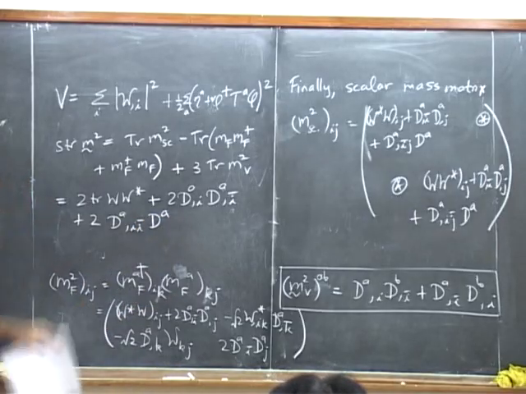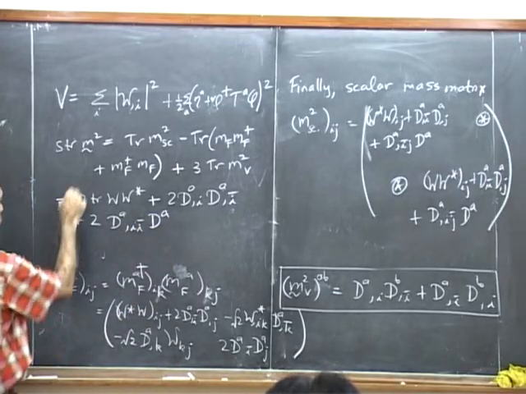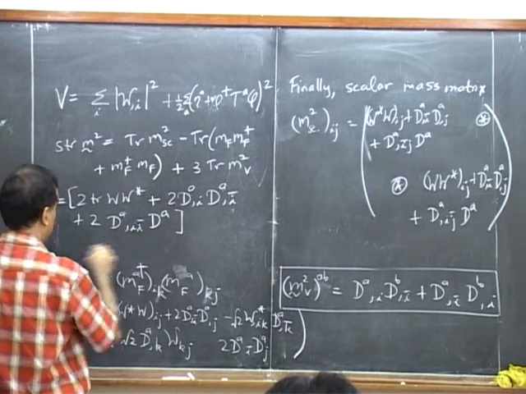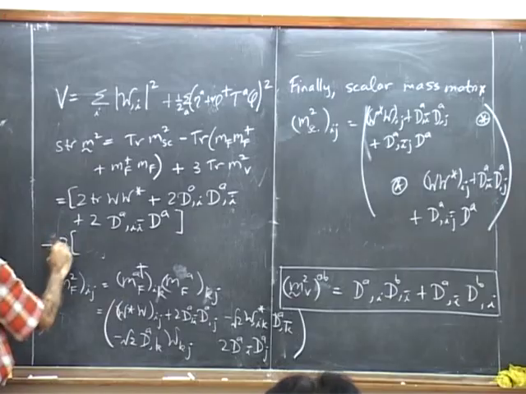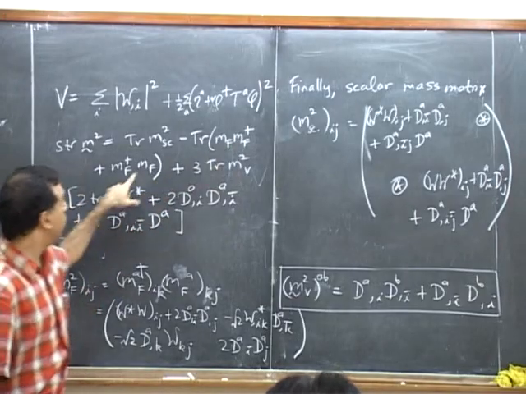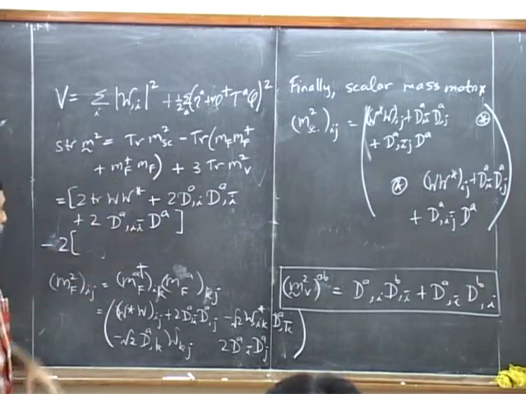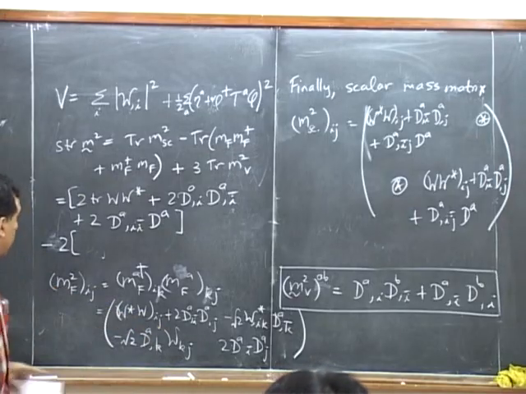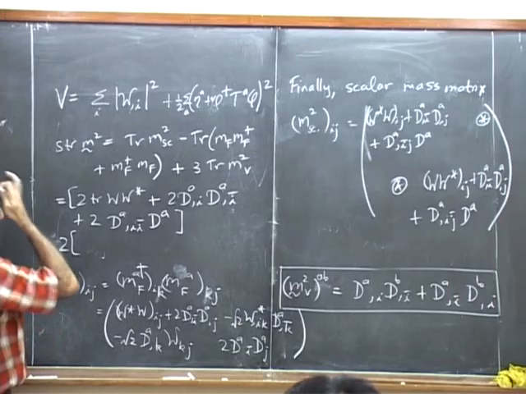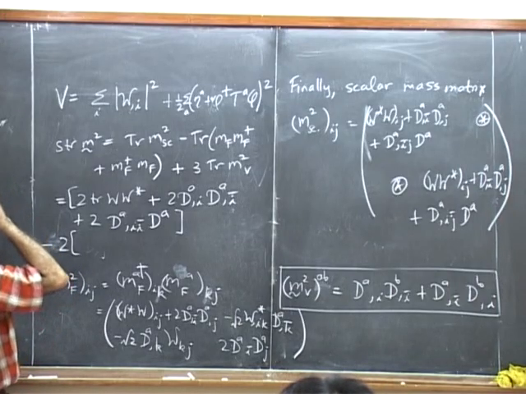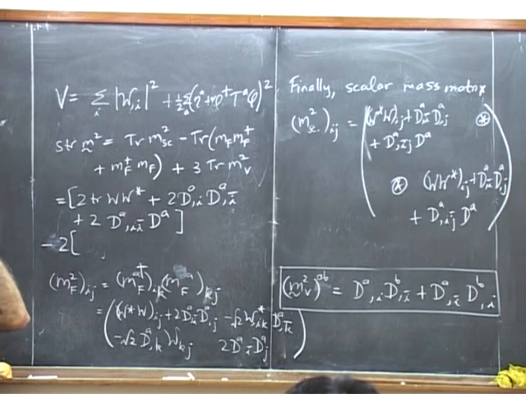So that's the first term. I'll put brackets around so you can see easily what they are. The next term is from here with a minus and a factor of 2 because each of these contributes the same thing. And then I just have to take the trace of that. So I get, what happened to the vector mass?